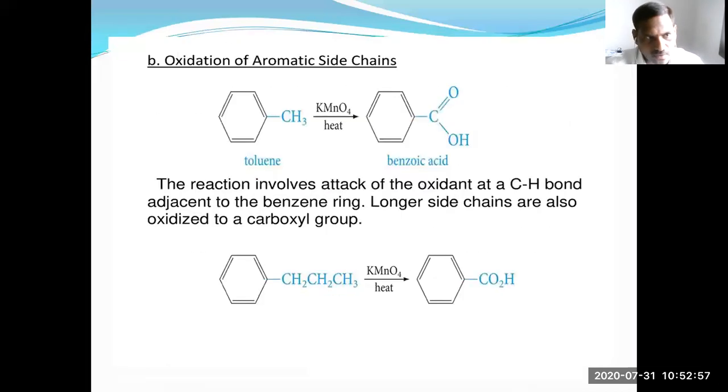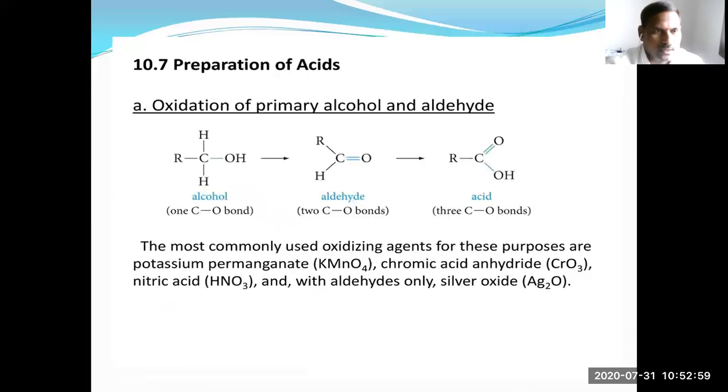So next, how to prepare the acids? How to prepare carboxylic acids? In the first method, oxidation of primary alcohol, you can take the primary alcohol.